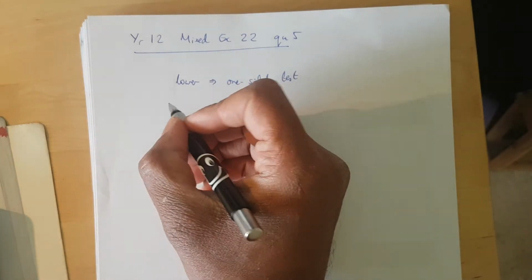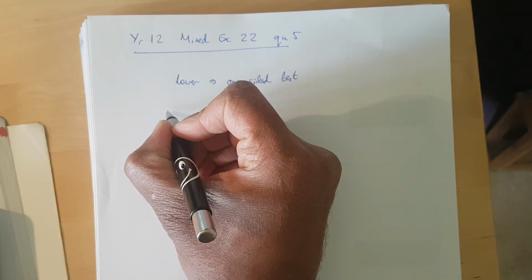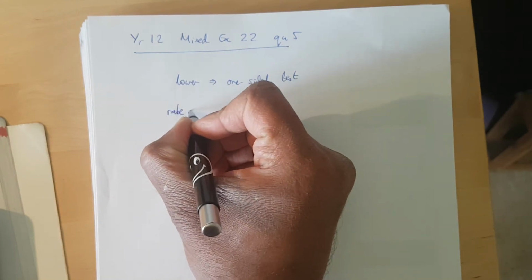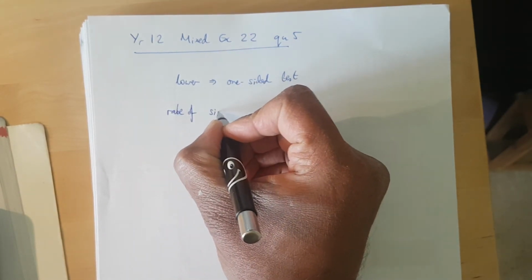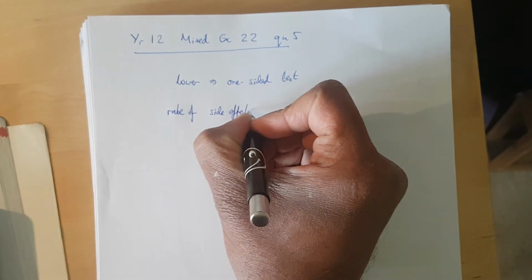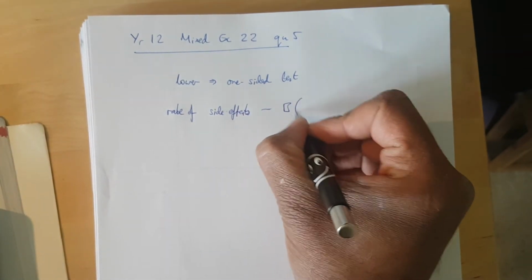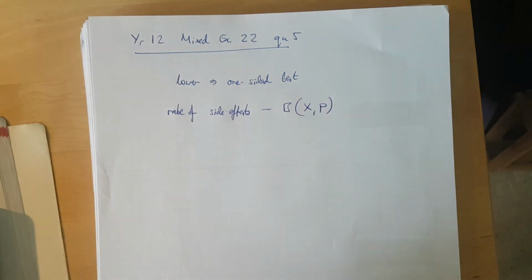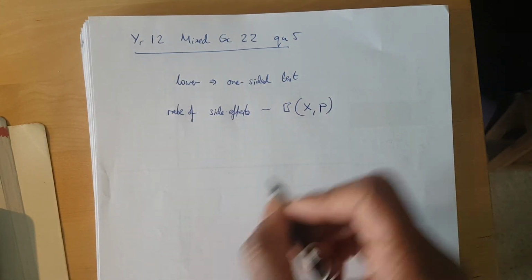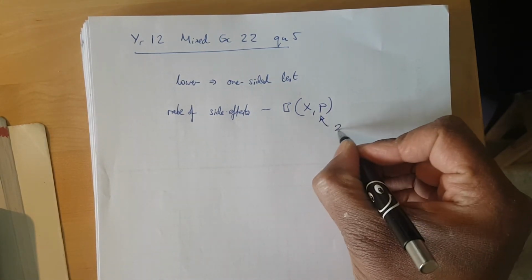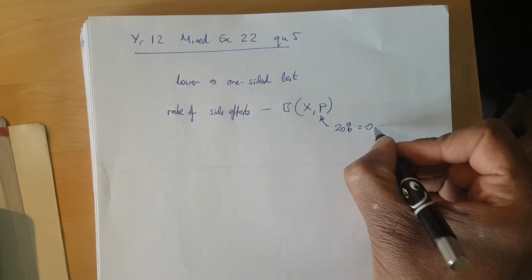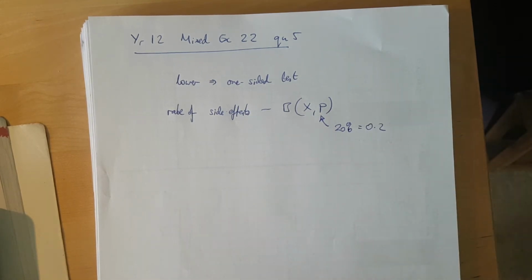Well, let's make some assumptions. Let's assume that the rate of side effects follows a binomial distribution, X and p, as we're used to. And we know that generally that proportion is 20%, which is 0.2 when I come to put it into a calculator.